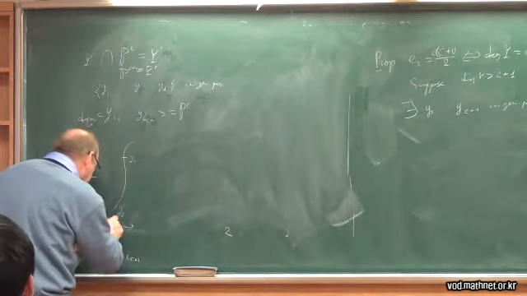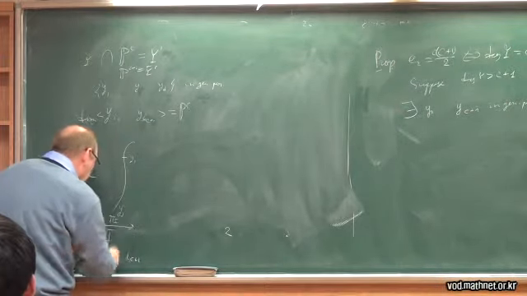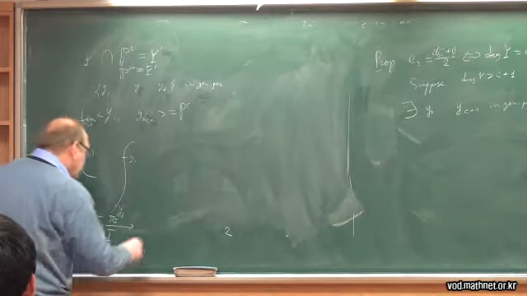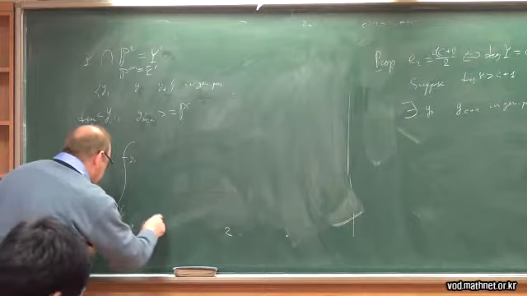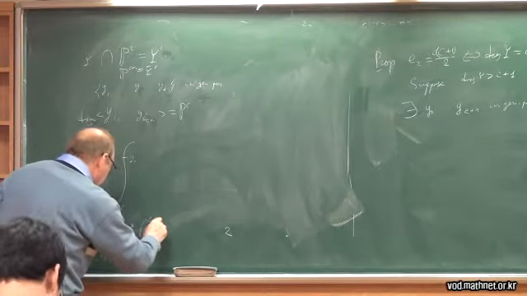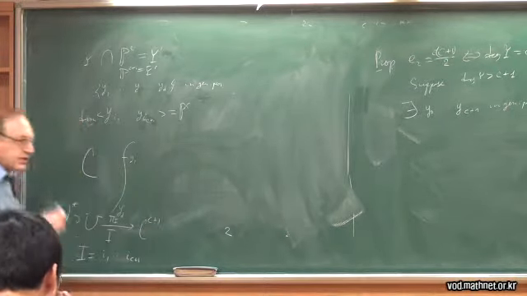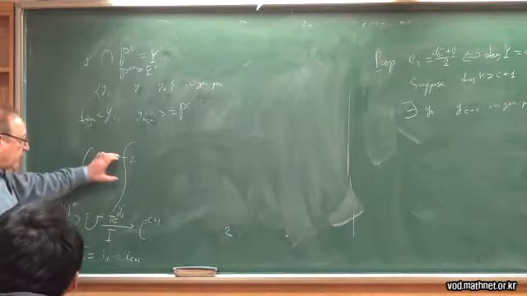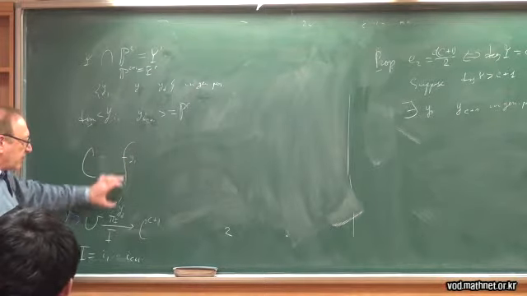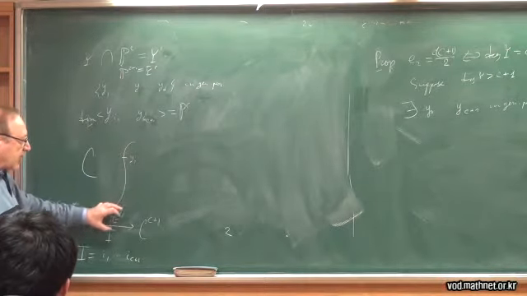And we have some map to the product of c plus 1 copies of this curve. And for any collection of points, we associate such a hyperplane.